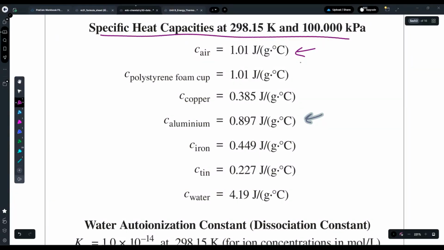Okay, so what this is saying is that water can absorb more heat per gram before changing temperature, or before changing a degree Celsius, compared to air or aluminum. And you can kind of think about that, where it's faster to heat up some air or faster to heat up a piece of aluminum compared to an amount of water.